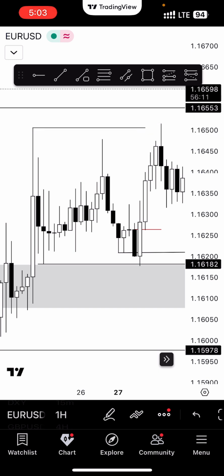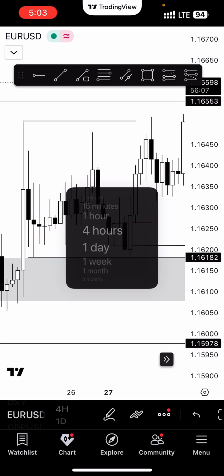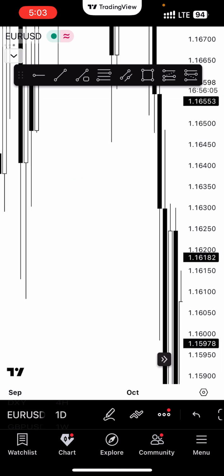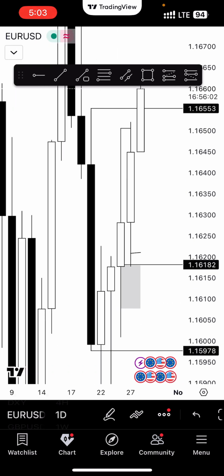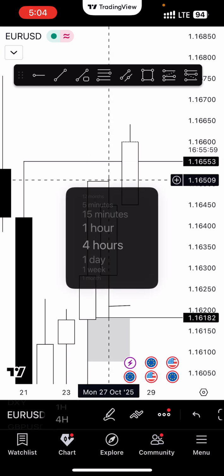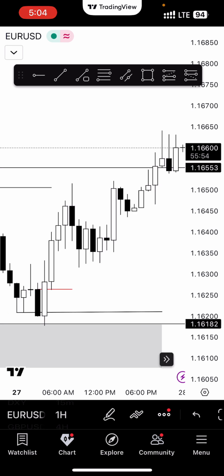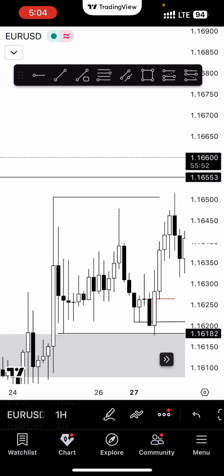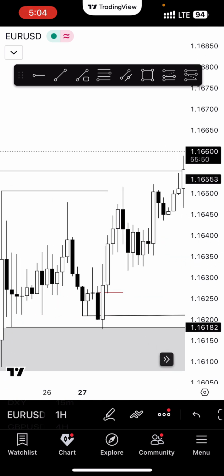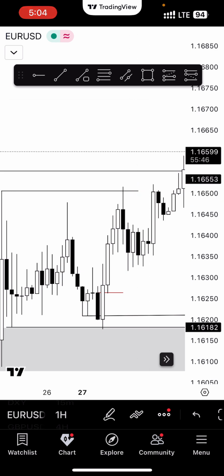Now these equal highs also made up the Friday's high, as you can see. So I was expecting some sort of retracement. Now that we've taken those equal highs, I was expecting some sort of retracement, and yeah, we got that.